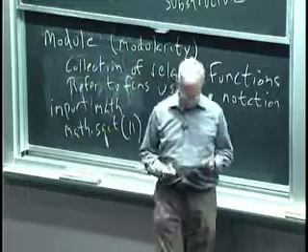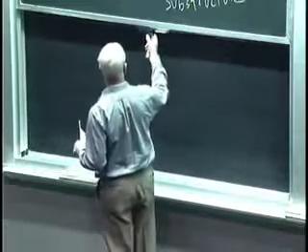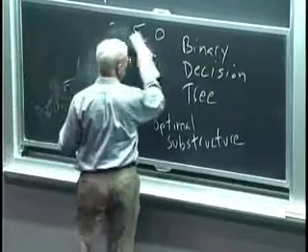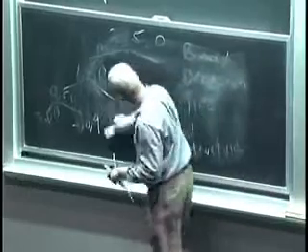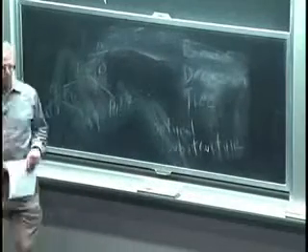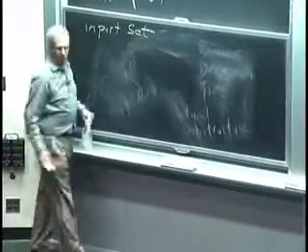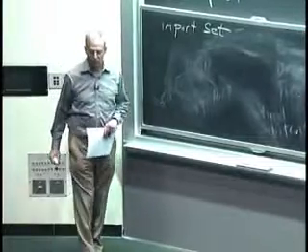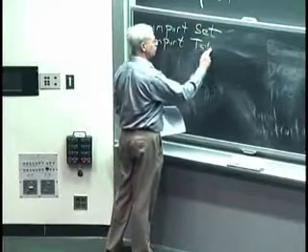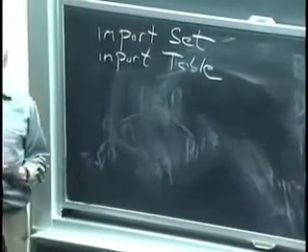Now, we had the dot notation to avoid name conflicts. Imagine, for example, that in my program I wrote something like import set, because somebody had written a module that implements mathematical sets. And somewhere else I'd written something like import table, because someone had something that implemented lookup tables of some sort, something like dictionaries, for example.